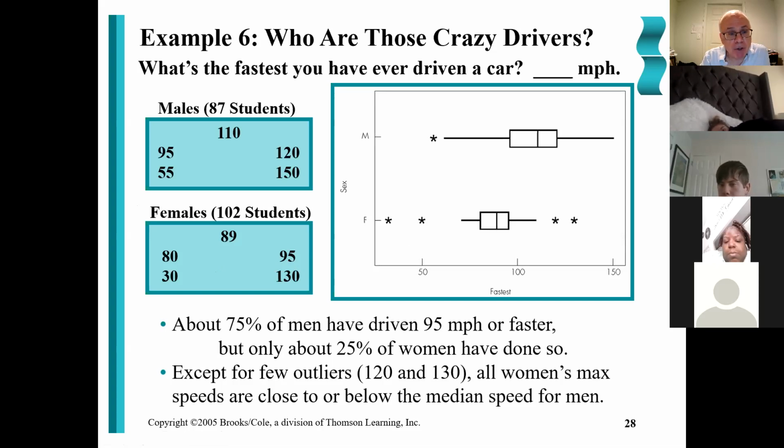What percentage of the females are between 80 and 130? 75%. That's right. Good. What percentage of the males are between 55 and 110? 50%. That's right. What percentage of the males are between 95 and 120? 50%. It's the middle 50%.